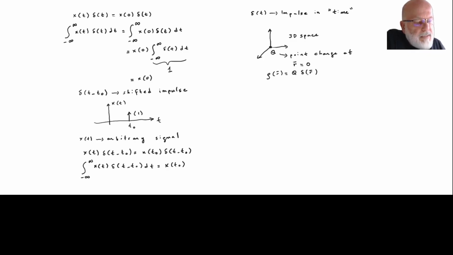So this delta of R is now an impulse in space. Or let us call it the Dirac delta function now, in space.